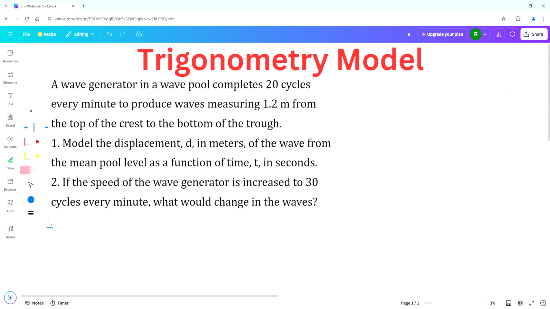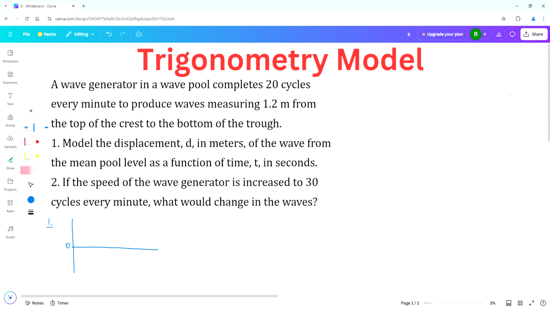It will be easier to write the equation for displacement d if we sketch the given information. That will help us visualize the given information. Let's assume the mean pool level is at 0, the origin. As per the problem, the waves measure 1.2 meters from the top of the crest to the bottom of the trough.